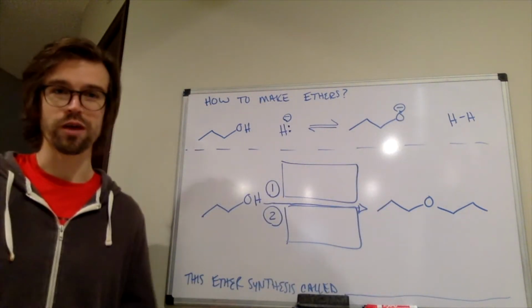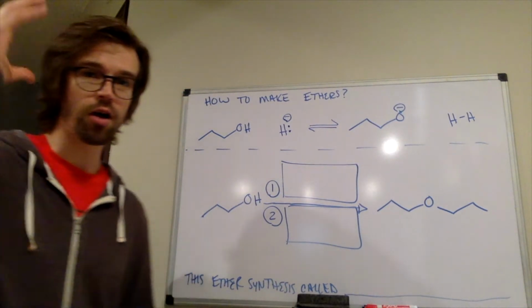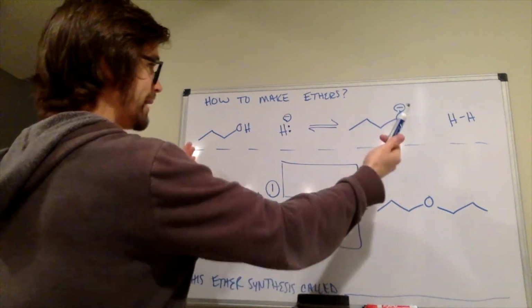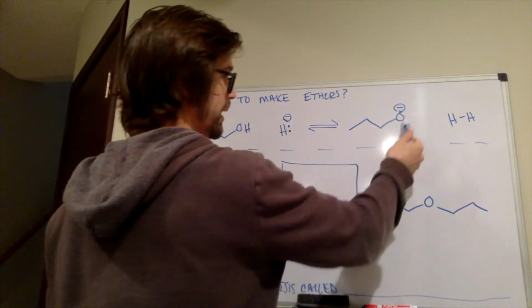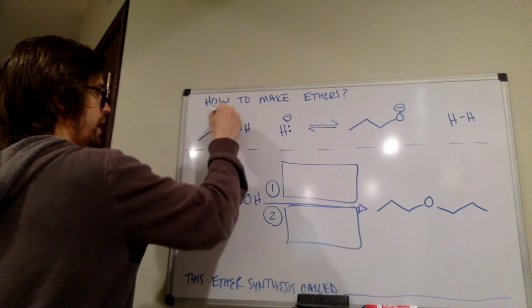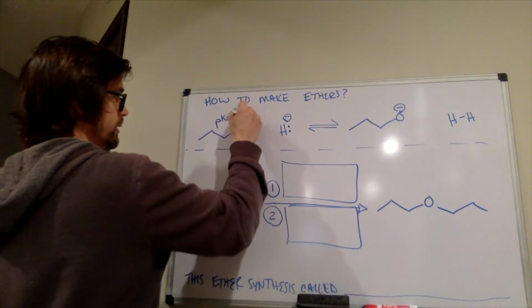Do we have any quantitative values that would help us figure that out? Yeah, we should have all of our pKa values right up in our brain. So this is an acid-base equilibrium where this is acting as the base on this side, this is the conjugate base on this side, so we have an acid there and an acid there. What's our pKa of an alcohol? 16.